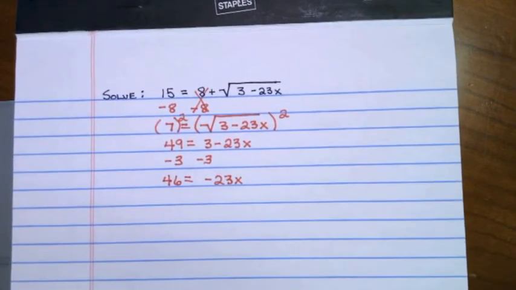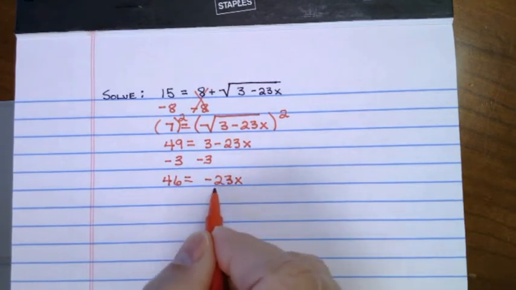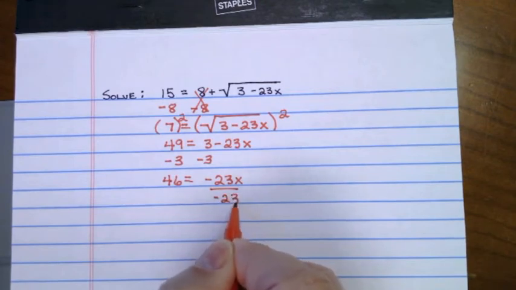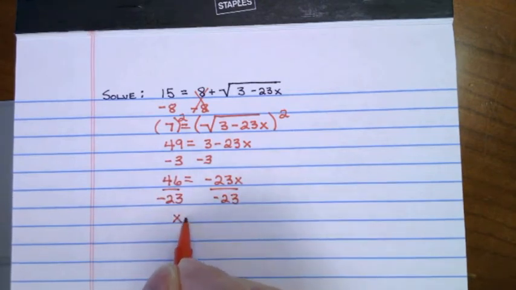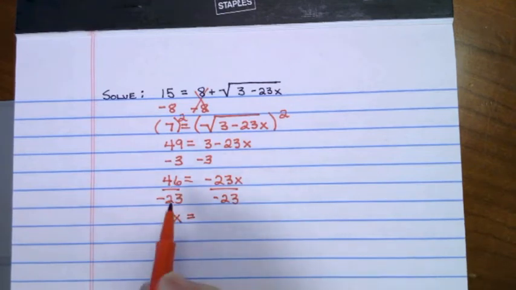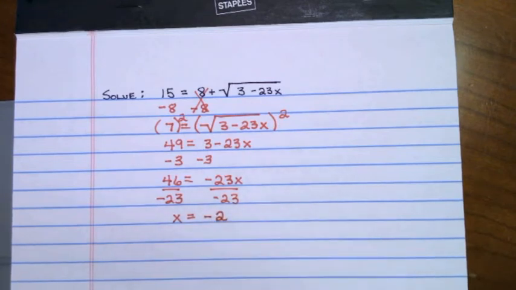How am I going to get rid of that negative 23? The opposite of multiplying by negative 23 is dividing by negative 23. I'm going to move the x over here. I'm going to divide this. 46 divided by negative 23, negative 2.